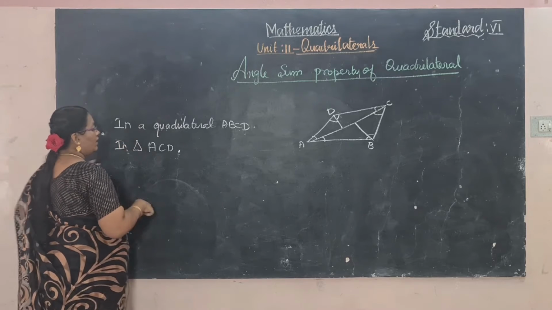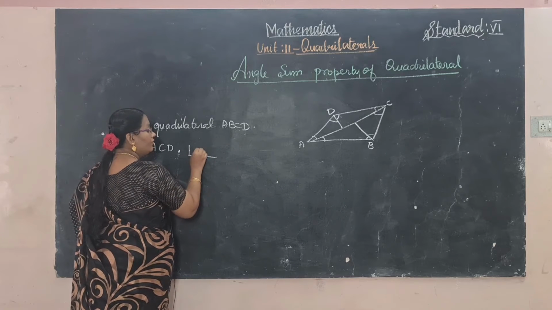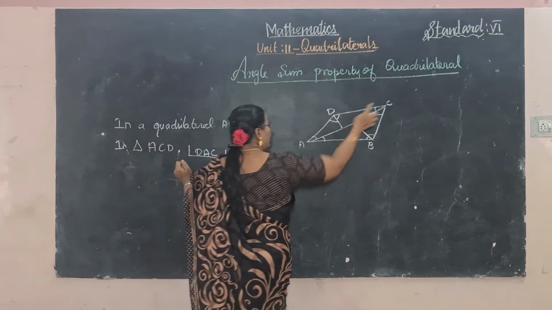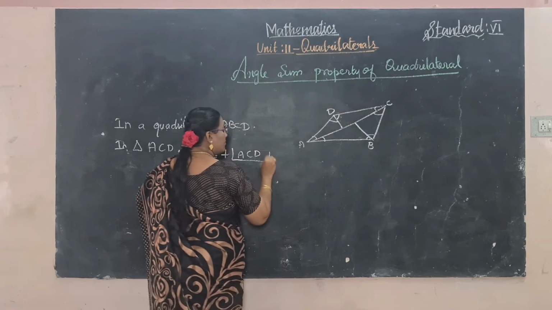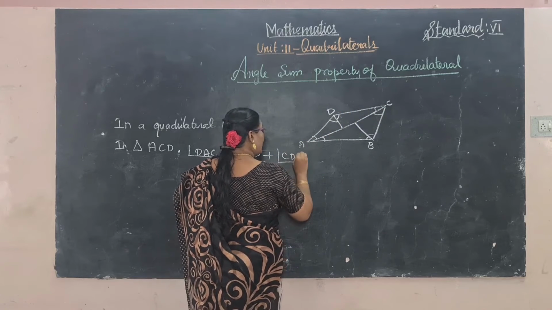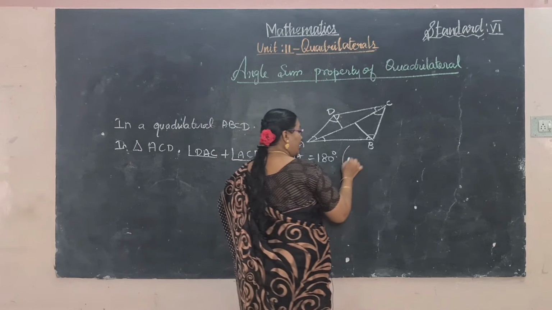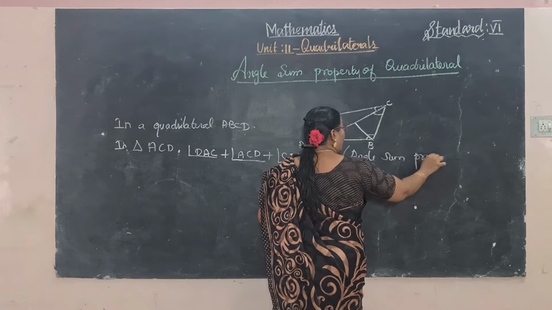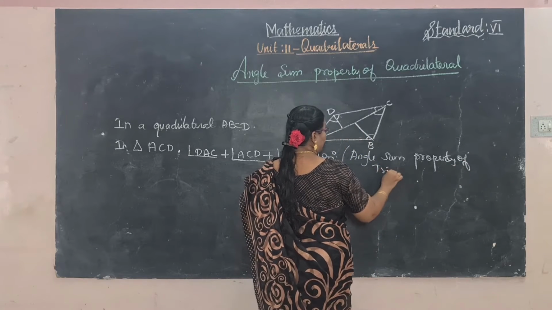In triangle ACD, angle DAC plus angle ACD plus angle CDA equals 180 degrees, using the angle sum property of triangle.